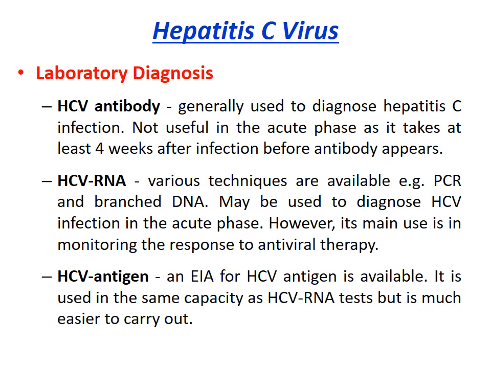However, its main use is in monitoring the response to antiviral therapy. An enzyme immunoassay for the HCV antigen is also available, and it is easier to carry out. That's why it is done, and it is used in the same capacity as the HCV RNA test.